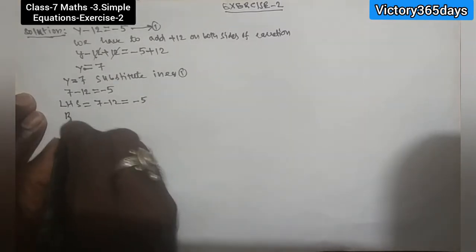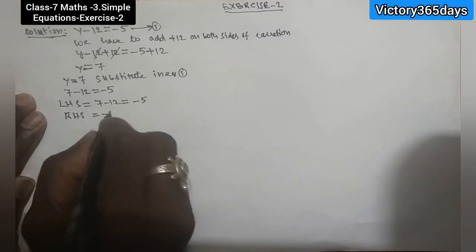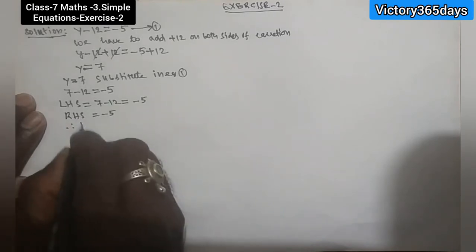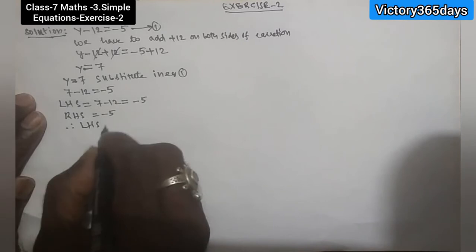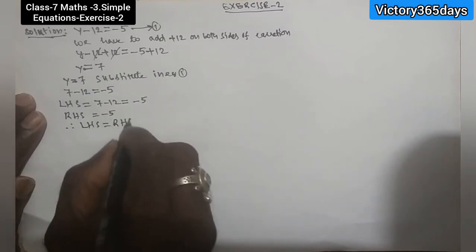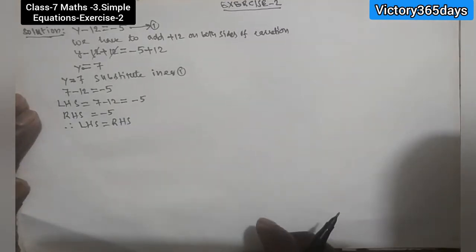What is the RHS value? Minus 5. So finally we get that the left hand side and RHS are both equal. So that is completed.